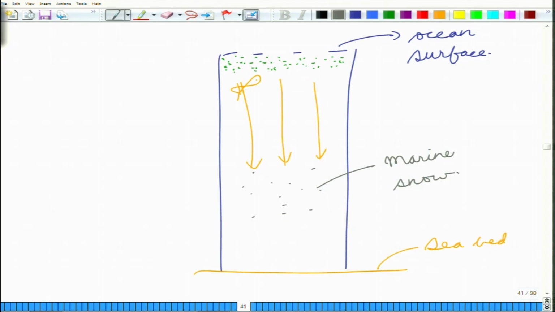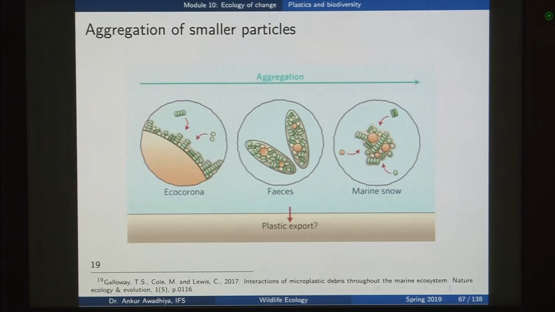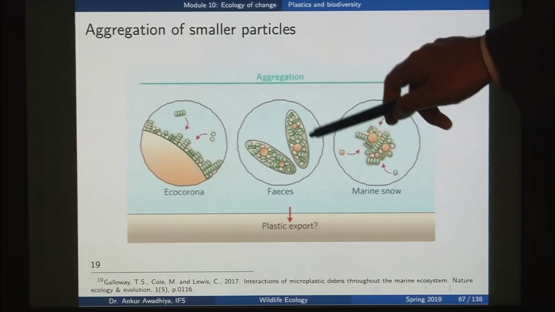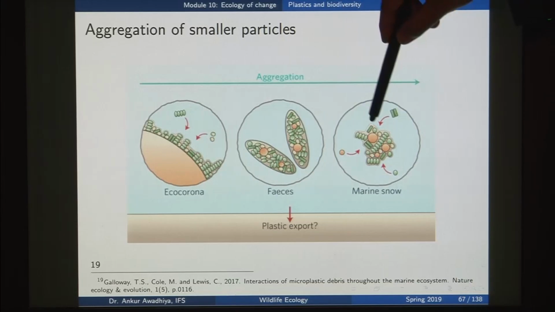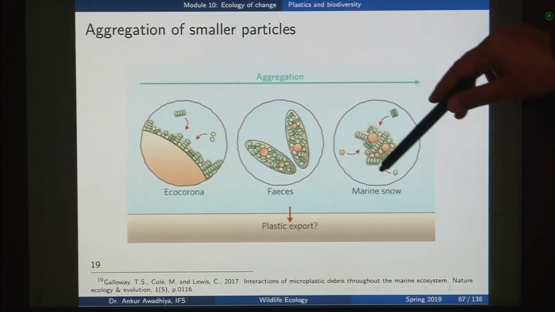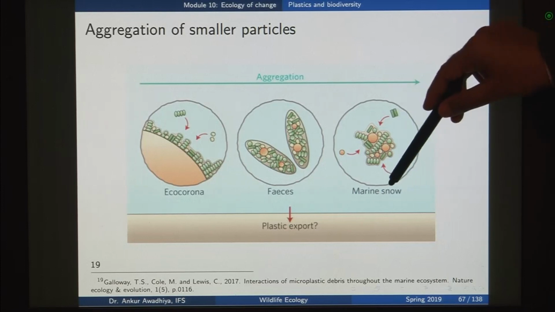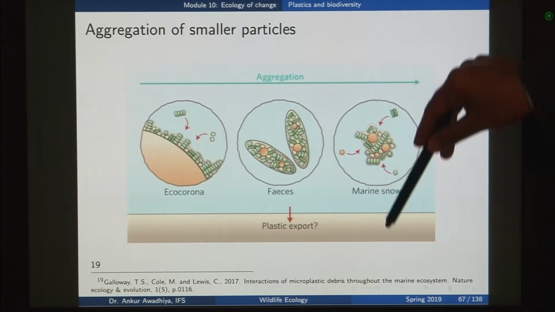Now, in this case, what we are saying is that these fecal particles, which have so many plastic particles inside, they might get connected with each other and they might start going down. Or else, if there is an already existing particle of the marine snow, you can have some plastics that come and aggregate with these, and then also they start coming down.